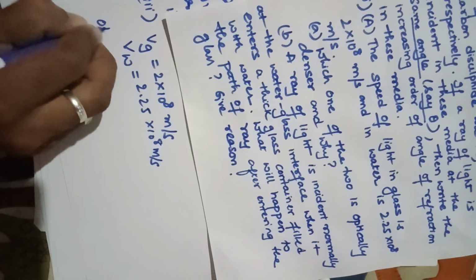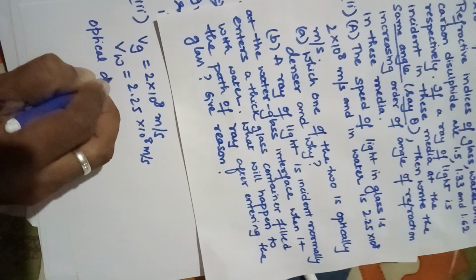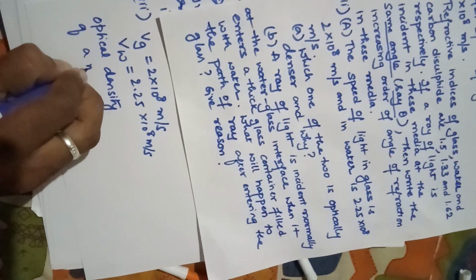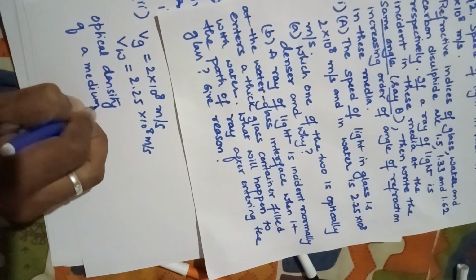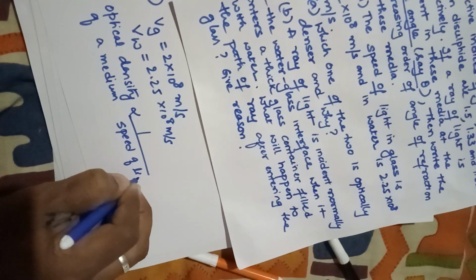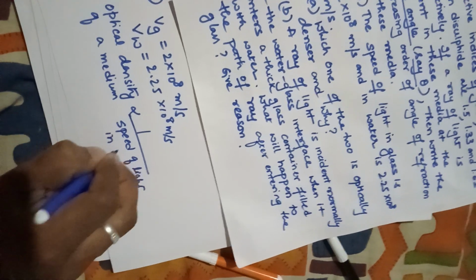So optical density of a medium is inversely proportional to speed of light in the medium.